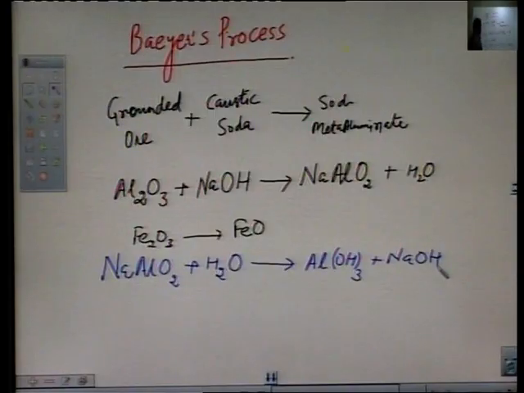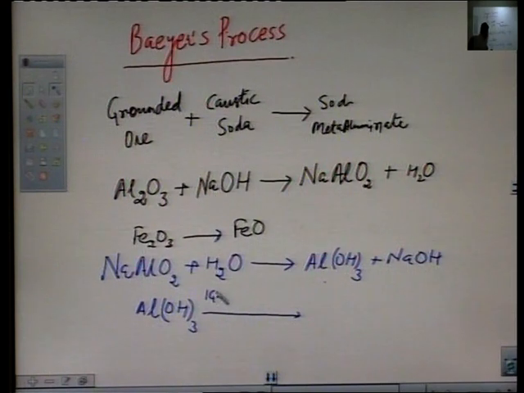So there is a formation of precipitates. On reacting bauxite with sodium hydroxide, sodium meta-aluminate is formed. This is filtered, and the filtrate contains sodium meta-aluminate, which on hydrolysis becomes aluminium hydroxide.